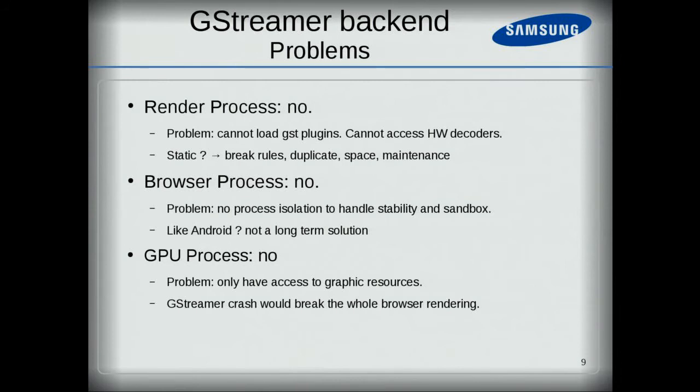We don't want to be in the browser process. They use this for Android, but then we won't be able to have our sandbox policy, and if GStreamer crashes, you crash the whole application. Not in the GPU process, because the intention for this process is to only access the graphics card.